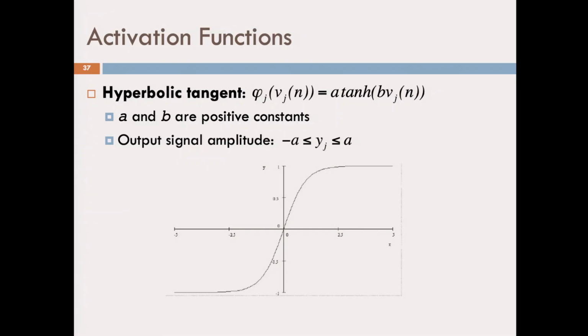Another activation function that we can use is the hyperbolic tangent. Again, A and B are constants. Usually we use the value 1. So it's just the hyperbolic tangent of the linear combination of weights and inputs. The hyperbolic tangent function limits the output of the neuron to the values -1 and 1. So this is good for a classification problem as well.